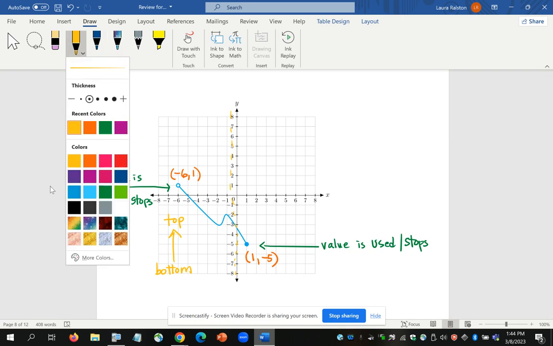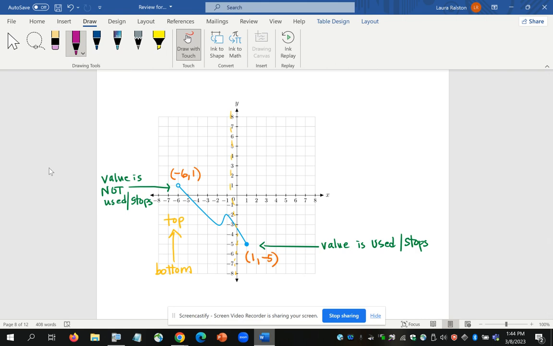And so if I'm maybe riding the elevator here, I'm not going to see anything on my y-axis until I get to the value of -5. So I begin seeing something at -5. It is a colored in dot, so it's used, so it gets a bracket.